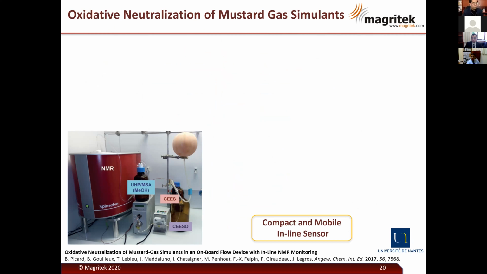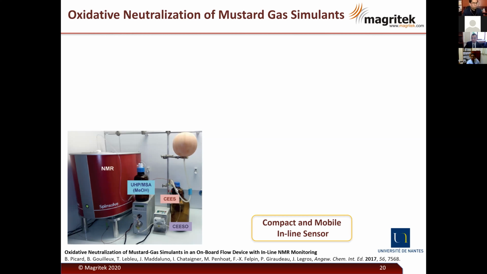This small flow reactor device, along with the compact mobile inline NMR sensor, can be used by the police or the military, and it can be deployed to the field to perform the neutralization directly on site.